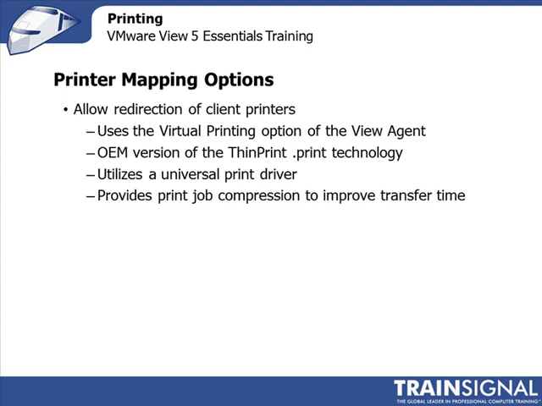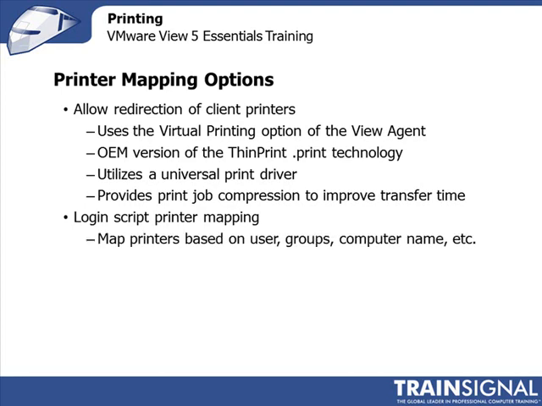You also have the traditional usage of login script printer mappings that can be used in Active Directory every time the user logs in. This is an approach that is familiar to most desktop administrators, since printers are oftentimes deployed through scripts in non-virtualized environments.